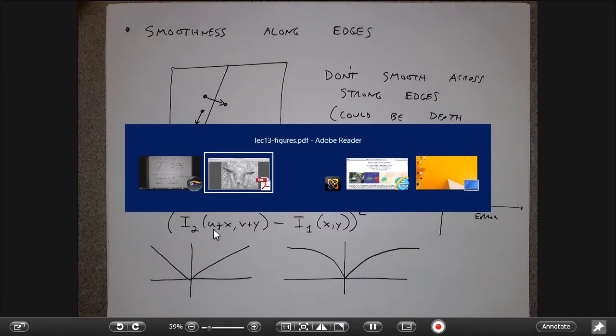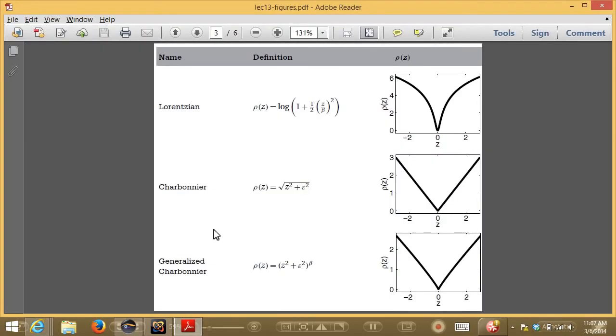Here's a picture of what these different robust cost functions might look like. Generally it's a good idea not to use a square function in either the data term or the smoothness term.